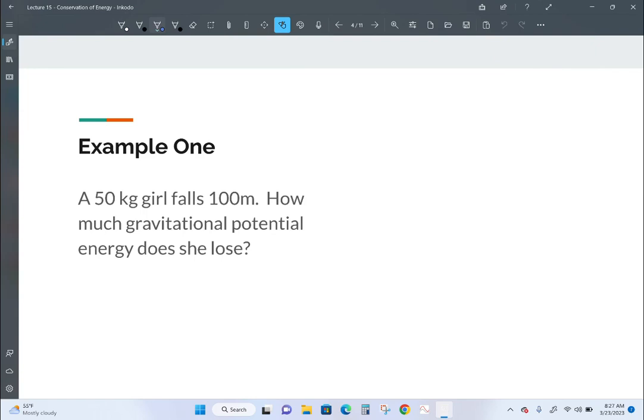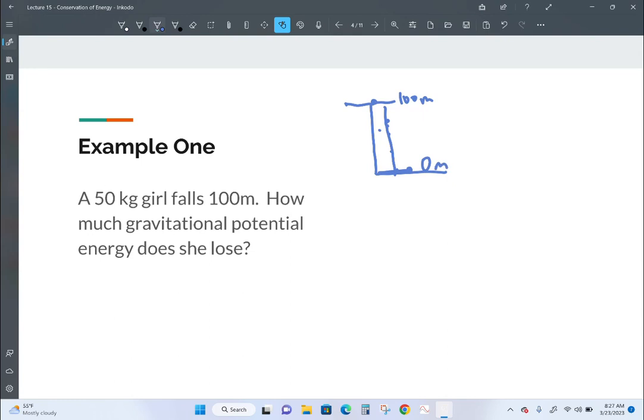So let's look at an example. A 50-kilogram girl falls 100 meters. How much potential energy did she lose? Let's just draw a diagram here. So we've got 100 meters at this location, and she's going to fall down to a height of 0.